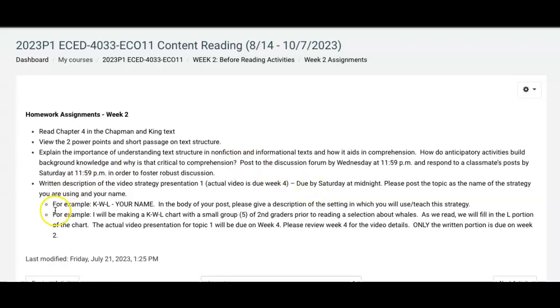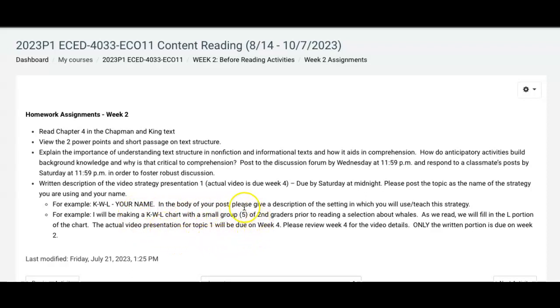For example, if I'm going to do a KWL chart, I would write KWL, Misty Flowers, and then I'm going to talk about if I'm going to be doing this in a small group of students, if I'm going to do it with 1 student, what I will need to use, and how I will teach the strategy.